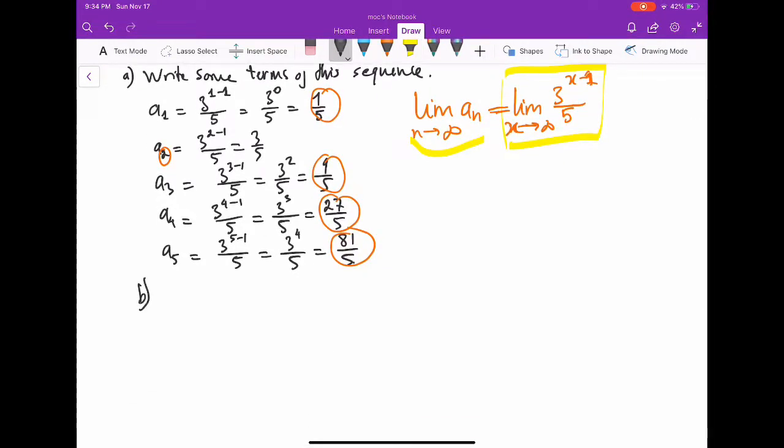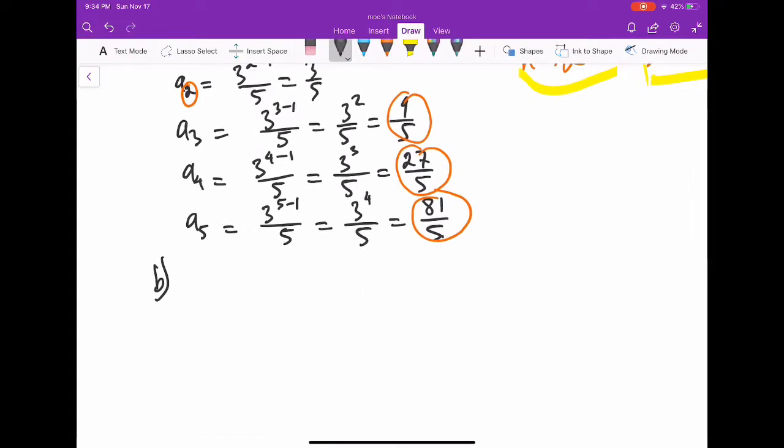So let's see what the limit of this sequence is. Part b, let's find the limit of 3^(n-1) over 5 as n approaches infinity. You can see that 1/5 is just a number, so we can take that out from the limit.